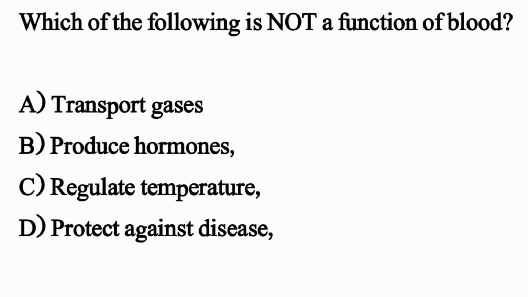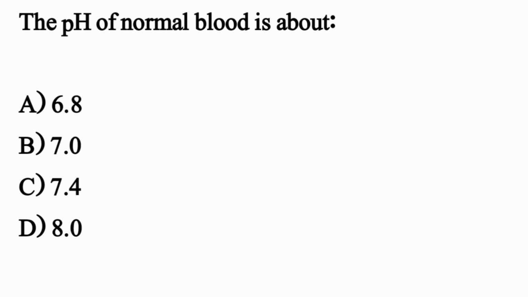Which of the following is not a function of blood? The right option is option B, produce hormones. The pH of normal blood is about.